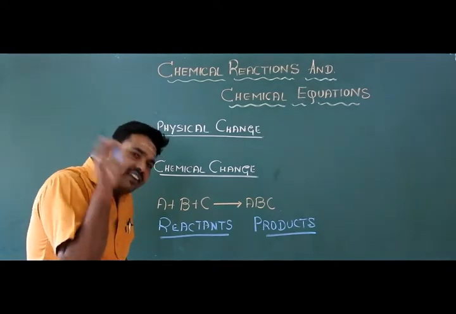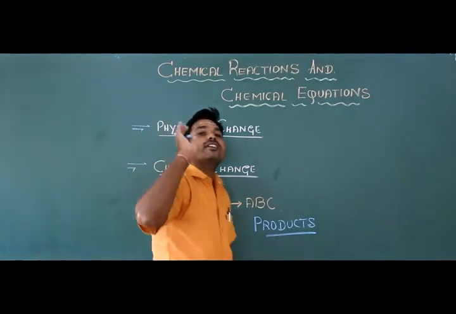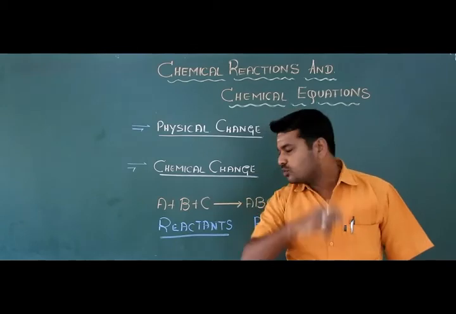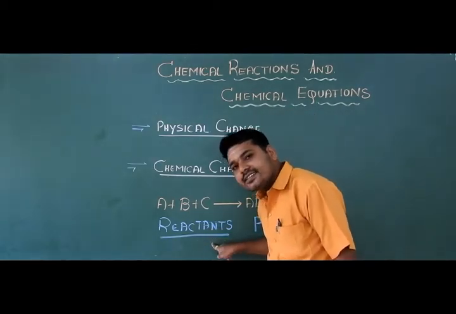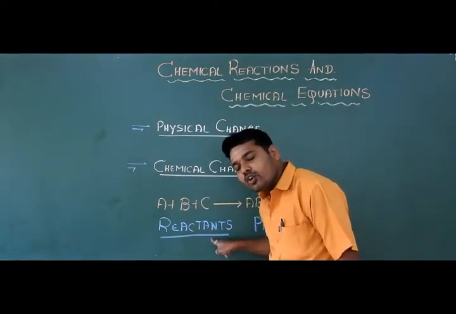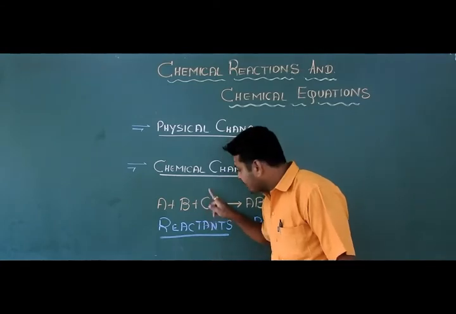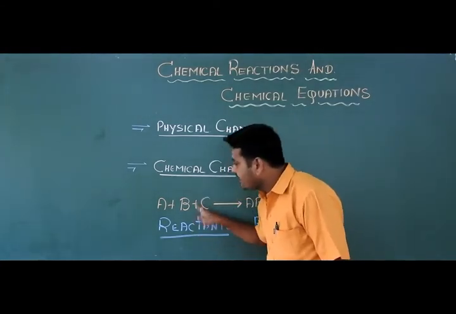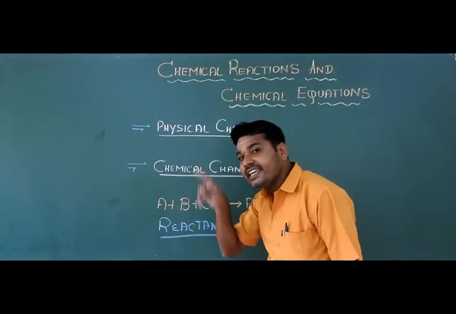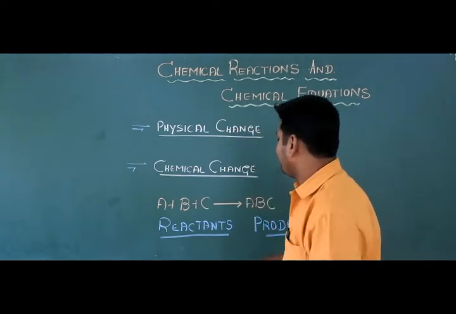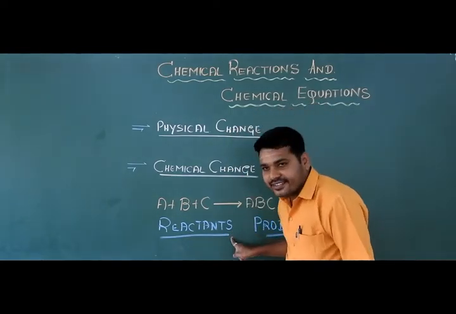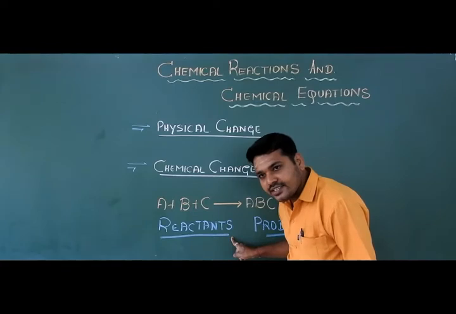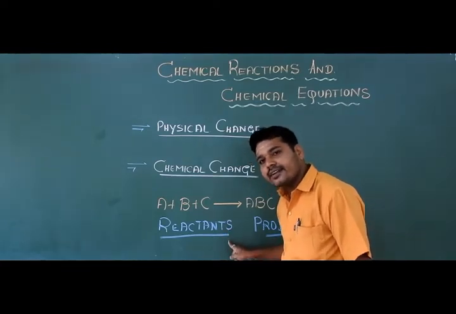Then what are reactants and what are products here? Yes, tell me, students, what are reactants? The substances present before the chemical reaction are called reactants. Is it clear, students? Tell me, what are reactants then?